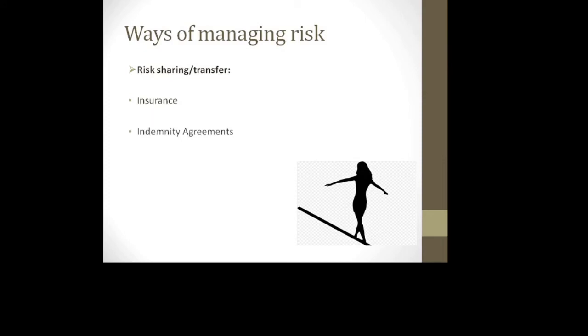The first one is indemnity agreements. What is it? It is a kind of agreement between two parties where one party agrees to compensate another party for losses that they may incur.